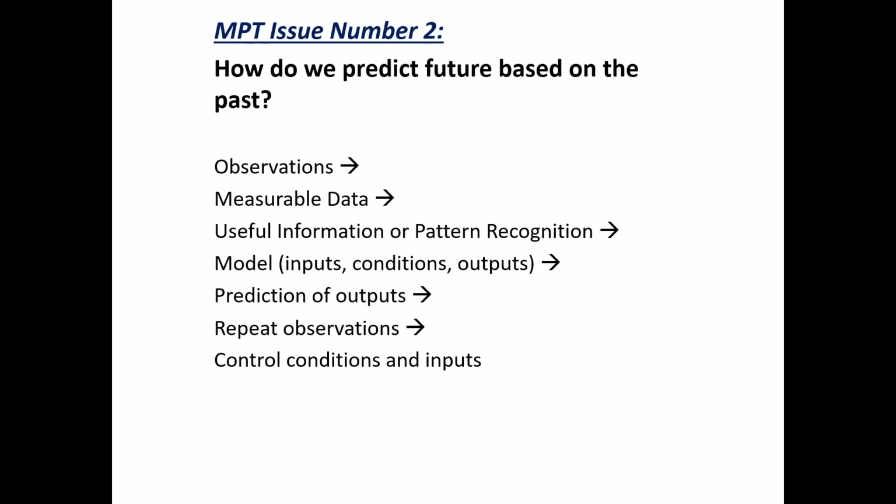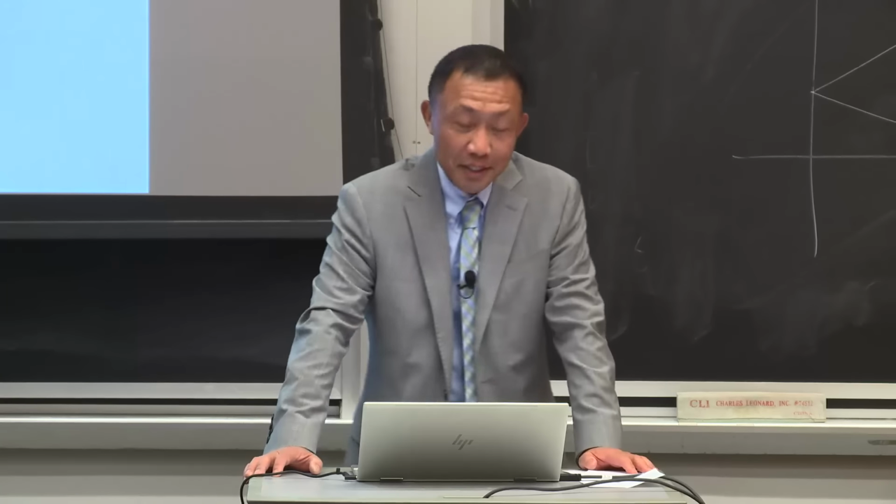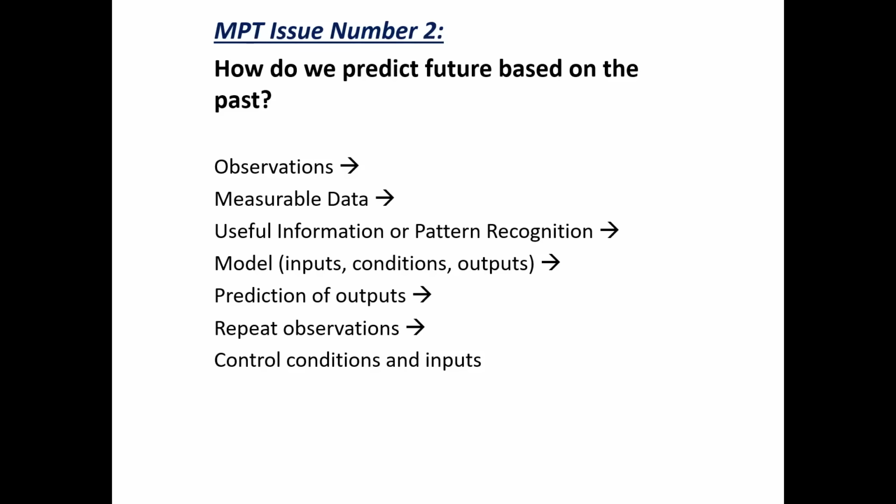Because of our human thinking process, it always extracts patterns from the data. I'm just outlining the typical thinking process. You have observations, you have measurable data, and you try to quantify them. Then you try to extract useful information or recognize patterns.